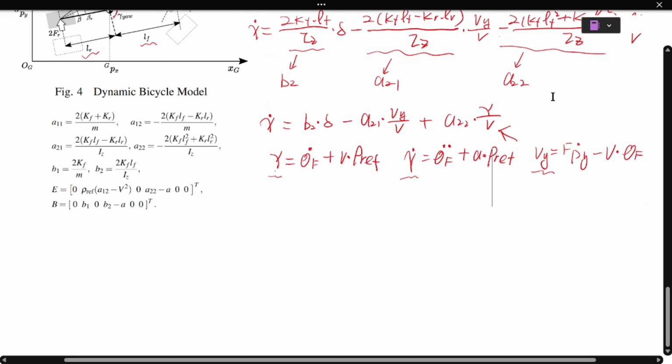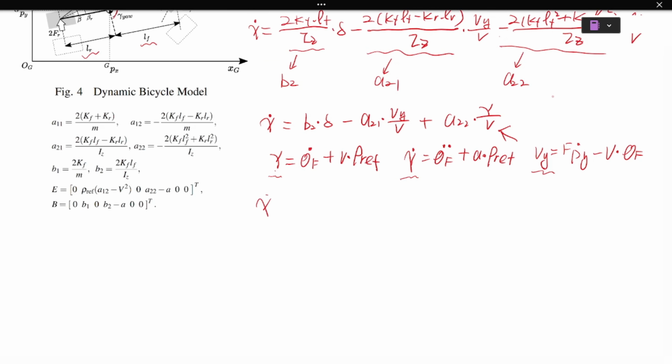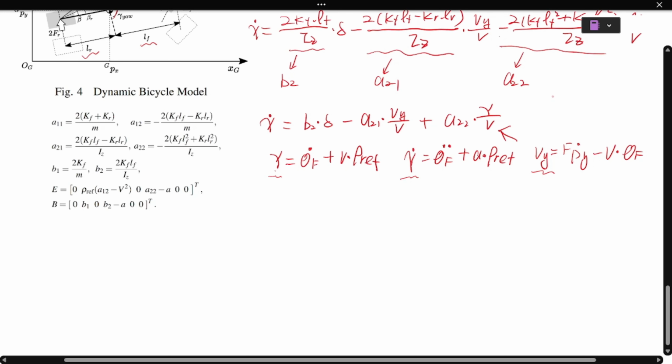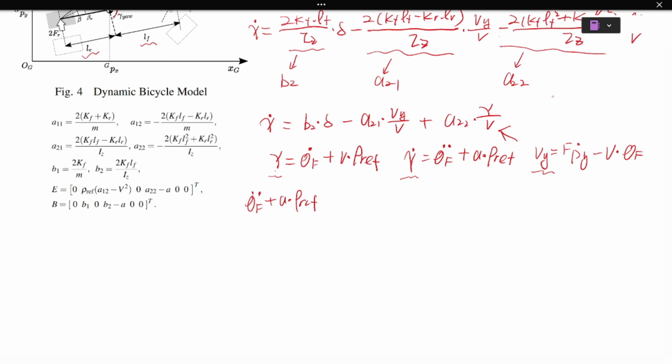let me move the screen. The gamma dot, the gamma dot equals theta f double dot plus A times rho REF, equals B2 times delta minus A21 times Vy over V, times fpy dot minus V times theta f, plus A22 over V times theta f dot plus V times rho REF.